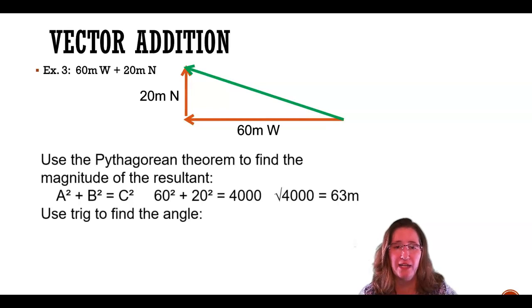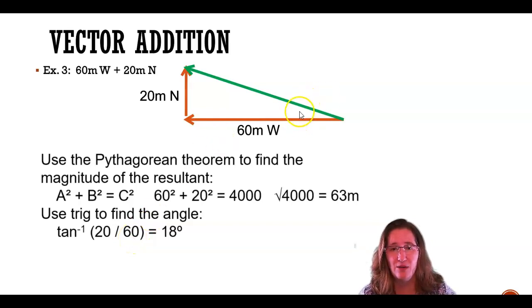So now we're going to find the angle. You could really use any two out of three sides that you would like. Because the 63 may be rounded, I'm going to use the 20 and the 60 because I know them exactly since they were given in the problem. So if I want to find this angle, and this is the one that you want to look for because this is where the resultant starts. I don't care about this angle, that's where it ends.